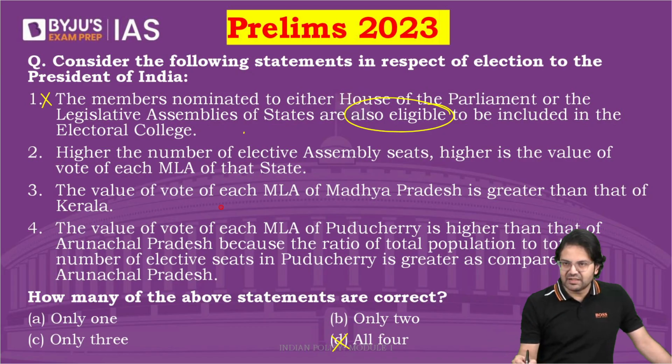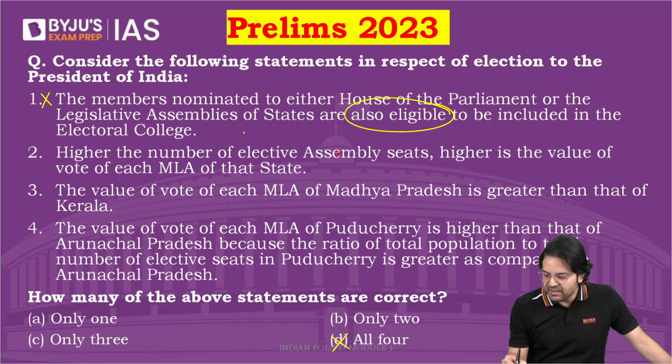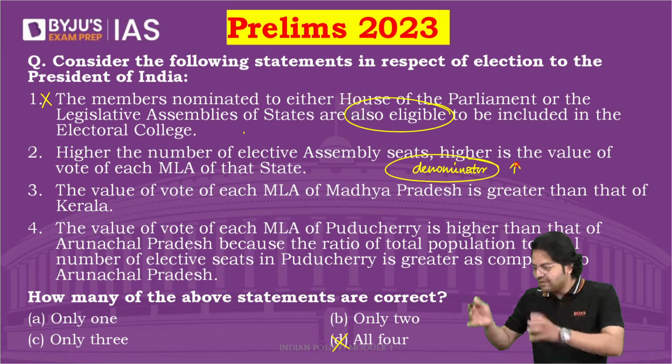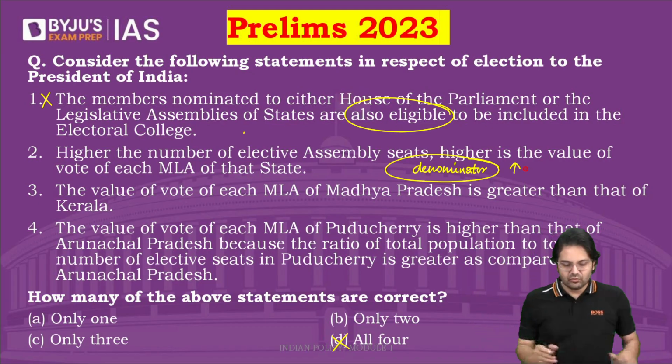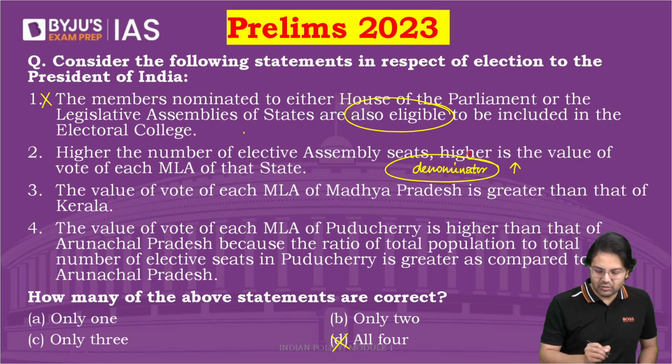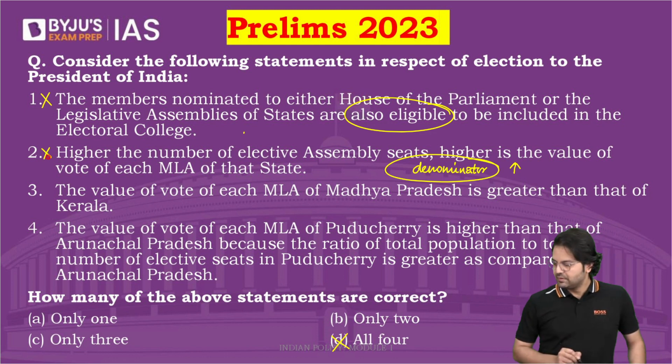So if the number of elective seats, that is denominator, increases, then the value decreases. Yes or no? So if the number of seats are high, the value of vote will come down, right? It will not be higher. 2 is also wrong. So only 3 also cannot be the answer.